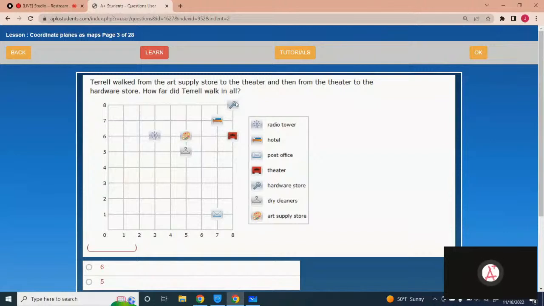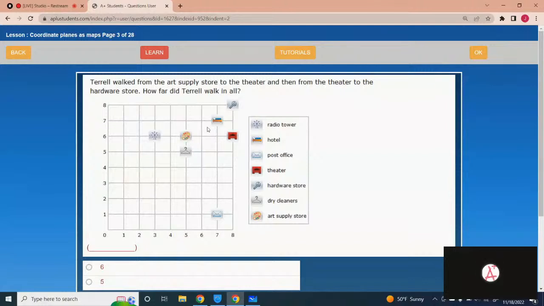So the total distance is, it would be, so the total distance from the art supply store to the hardware store is 5 units.